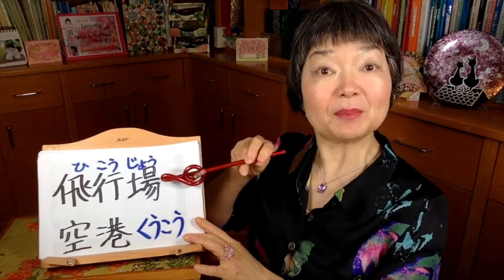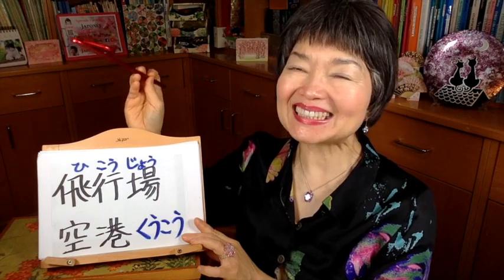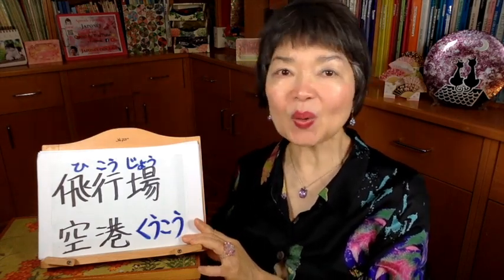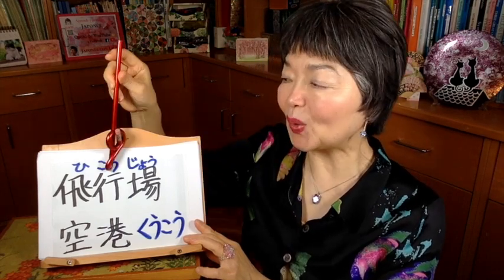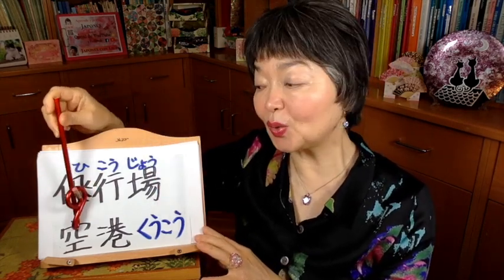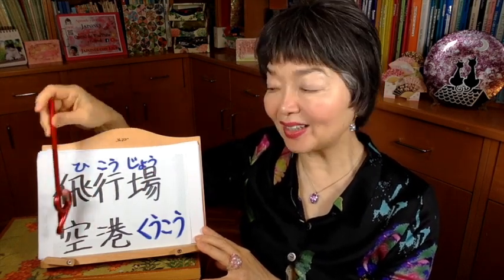So jo means the place. 飛行場, do you know what 飛行機 is? It's an airplane. So where there are lots of airplanes, 飛行場, airport. And we've got another word to say airport, 空港. 空 is the sky or the air, ko is the port.